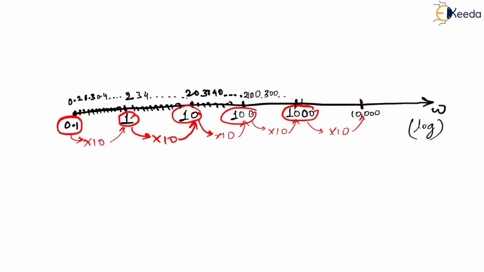After 1000, I get 2000, 3000 up to 10,000, and then 20,000, 30,000, and so on. On the same slide, I was able to show frequencies up to 30,000.